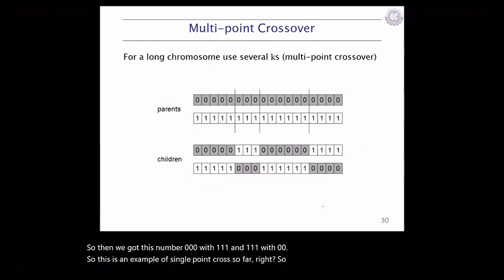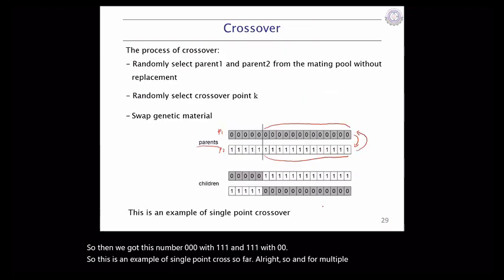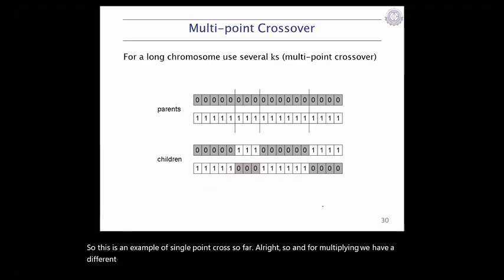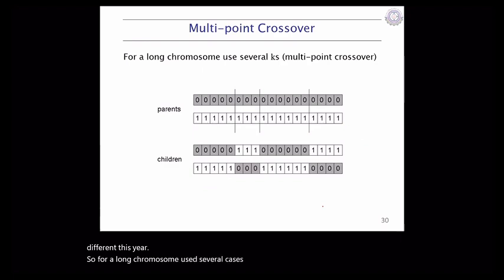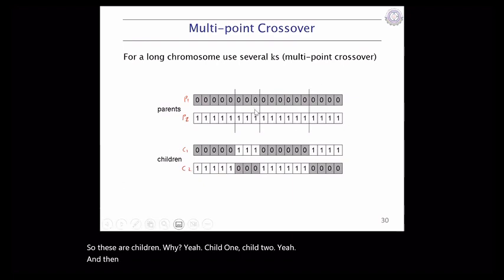And for multi-point, we have a different case here. For a long chromosome, use several Ks for multi-point crossover. This is parent 1, for example, and parent 2. So this is child 1, child 2. And then we put, for example, here, multi-point, not only single point.